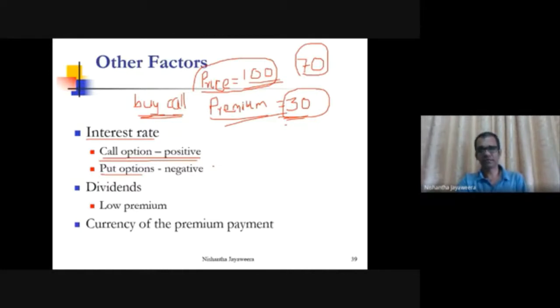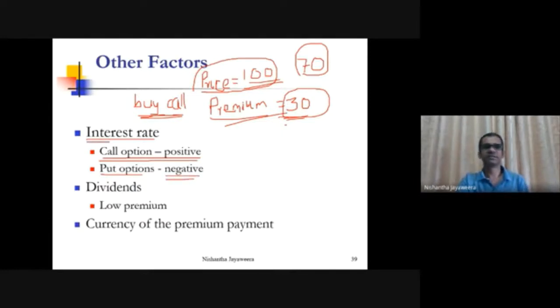Not only that, you save the premium. Not only that, you get that capital, the sales proceeds. You can invest it at a higher rate.